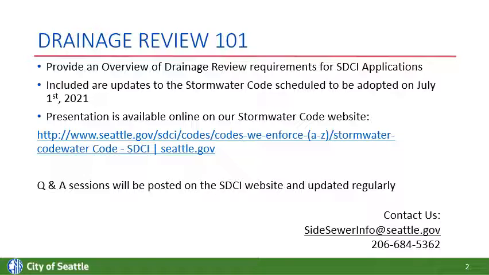And as always, feel free to contact us at sidesewerinfo@seattle.gov or 206-684-5362. We can answer any general questions through the email or the phone line that way as well.